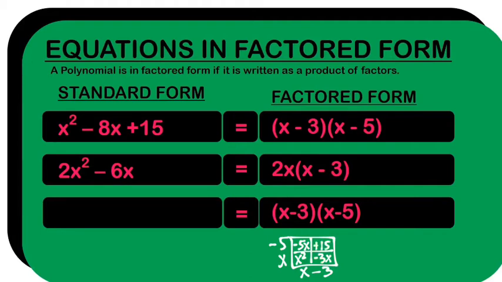And so when I put my like terms together, I will have x squared minus 8x plus 15. And that's what the factored form looks like when you turn it into standard form.